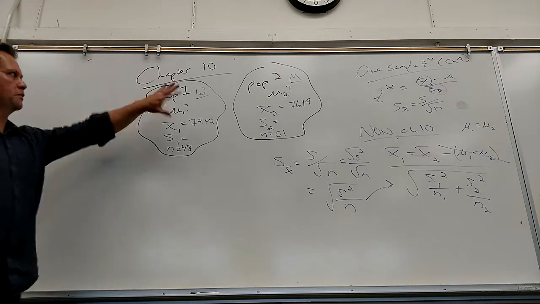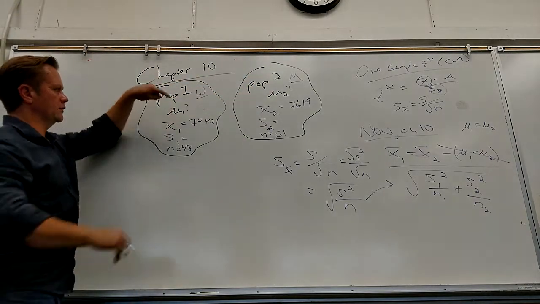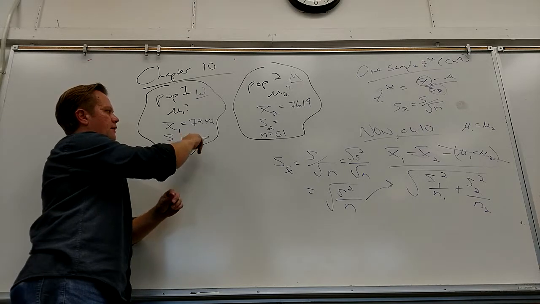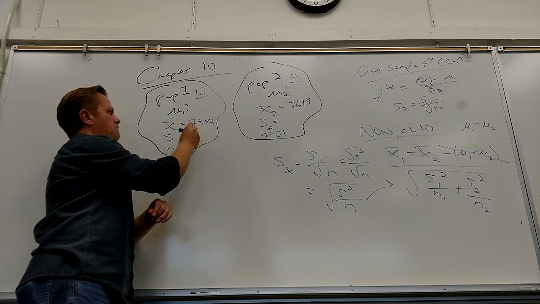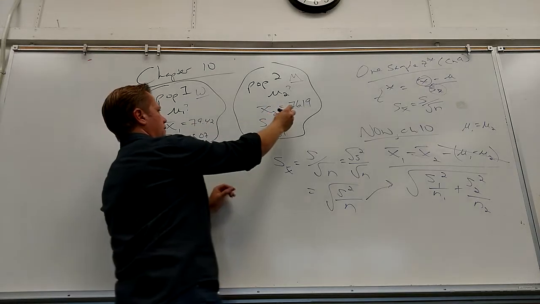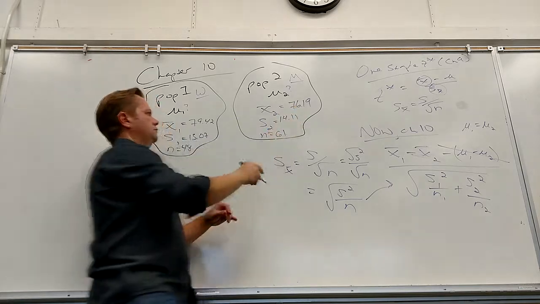This is the population of women, this is the population of men. We took a sample of that size from each, looking at their average grade so far in statistics. Let's say the standard deviation here is 13.07, and over here it is 14.11.